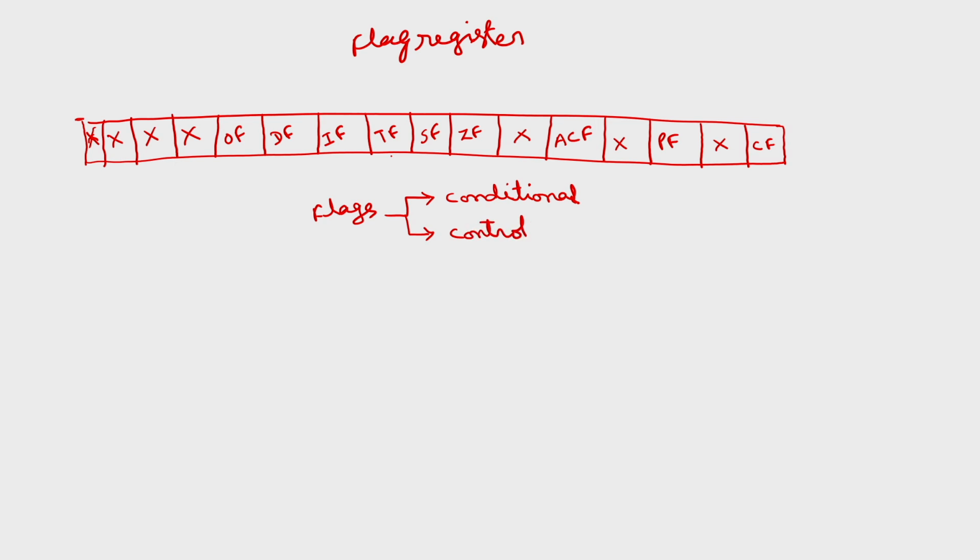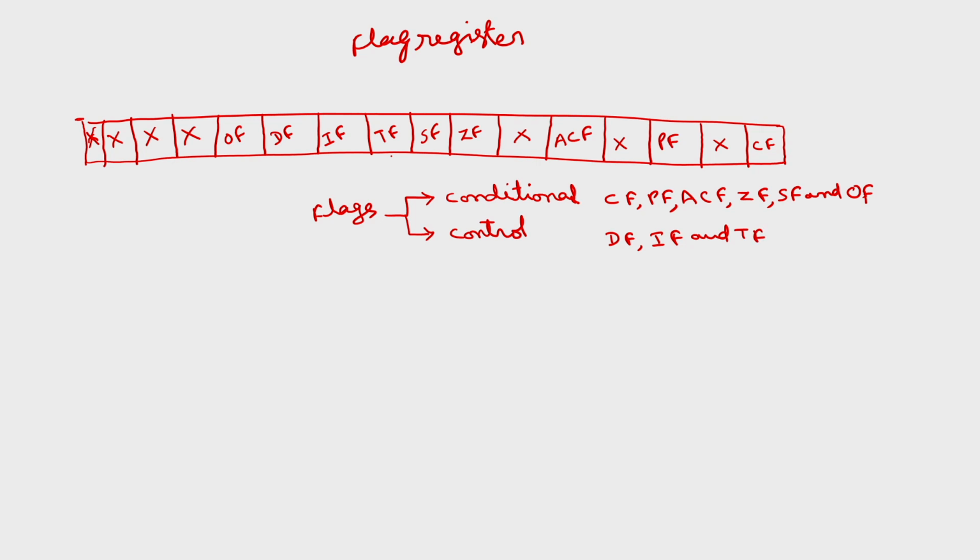Out of these 9 flags, there are 6 conditional flags, which are the carry flag, parity flag, auxiliary carry flag, zero flag, sign flag, and overflow flag. The remaining 3, the direction flag, interrupt enable flag and trap flag, are called control flags.